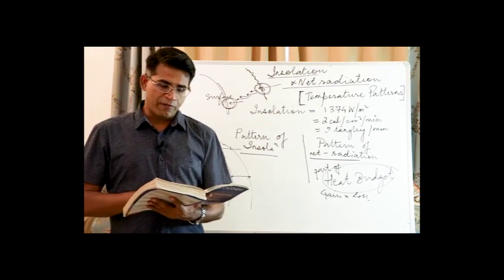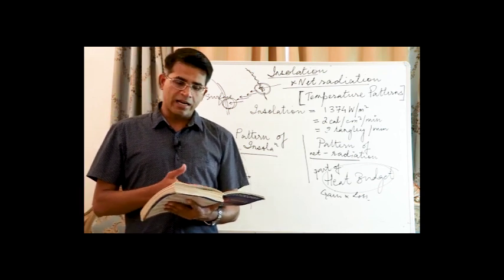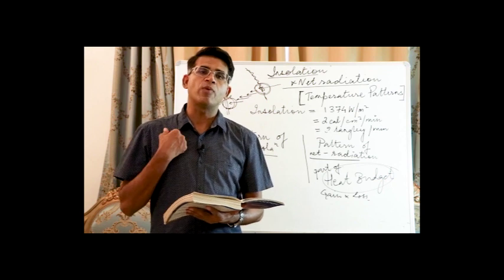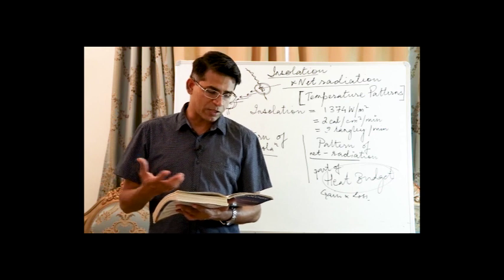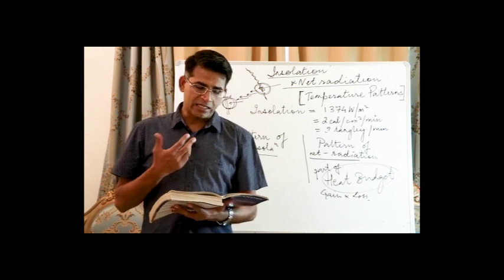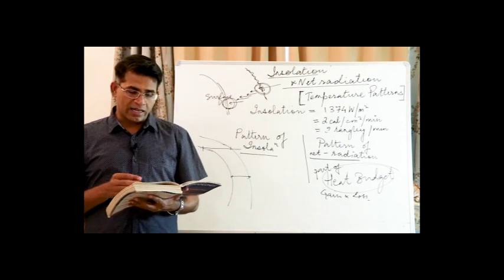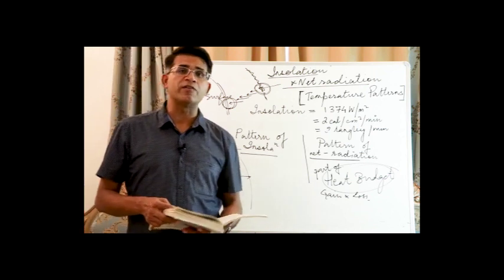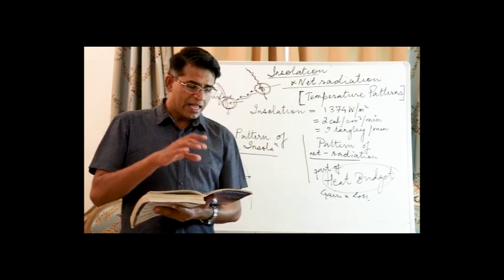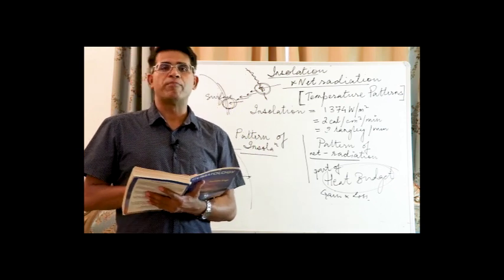So page number 41 is that list of reasons why the insolation varies on surface and at the outer atmosphere: length of day, distance between Earth and Sun, the sunspots. Page number 42 talks about effect of atmosphere. And I'll suggest the effect of atmosphere discussion is more important.